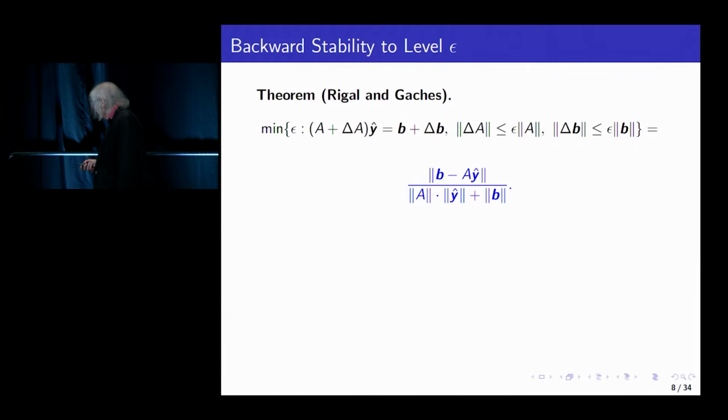Well, there's a theorem due to Rigal and Gaches that says the minimum over epsilon such that some (A + delta A) y hat = b + delta b with norm delta A and norm delta b less than or equal to epsilon times norm A and norm b, is given by this expression, which I will refer to as a relative residual norm: the norm of b minus A y hat divided by norm A times norm y hat plus norm b.